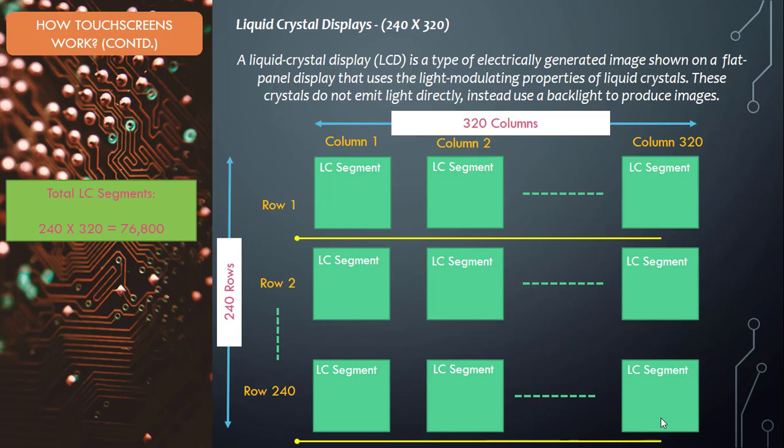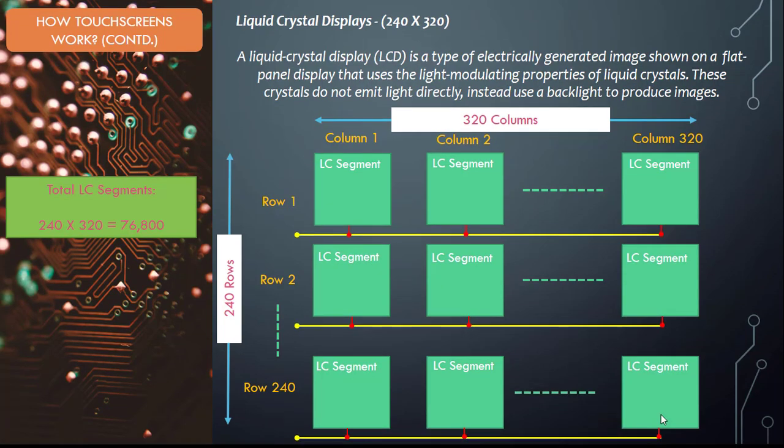Controlling each segment individually is impossible because of the big number, so they are designed in a 2-dimensional matrix, making an array of 240 rows and 320 columns, and we use control lines to provide them a signal. This way we can control each liquid crystal segment by multiplexing them. Now we can control all liquid crystal segments.